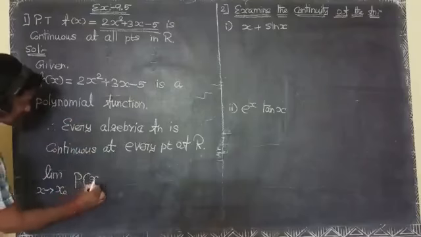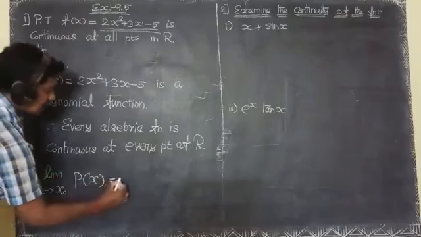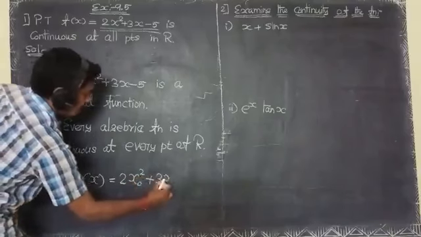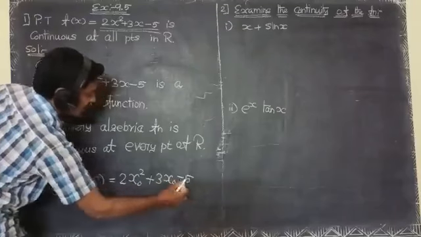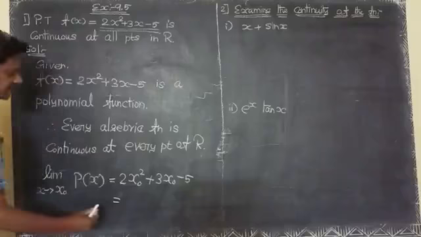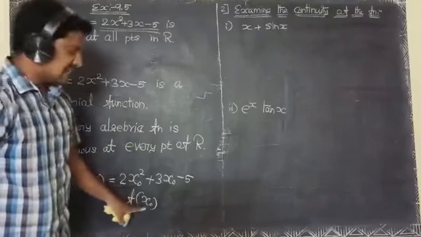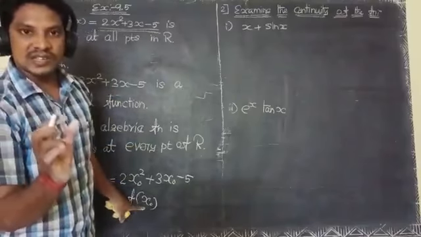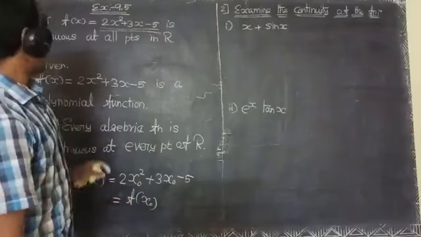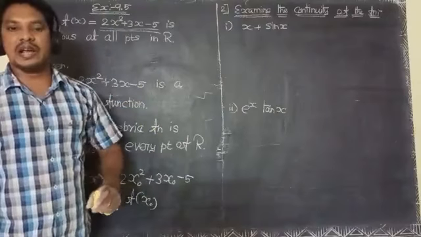Replacing x with x naught, we get 2x naught square plus 3x naught minus 5, which is equal to some constant, that is f of x naught. Therefore the given function is defined and the limit exists. Hence it is continuous at every point of capital R, hence proved.